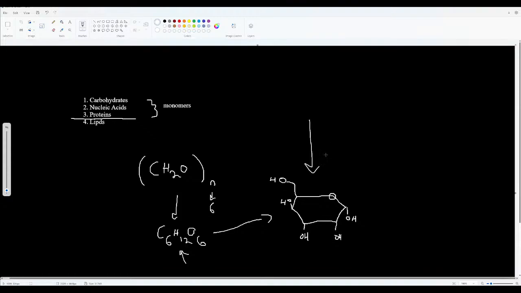This is glucose. So we have 1, 2, 3, 4, 5, and then if we go right one more, that's an O. We go up 6 carbons, that's a sugar molecule.